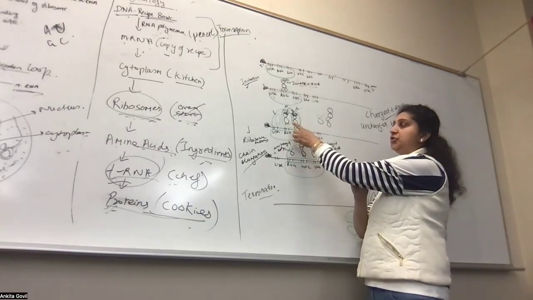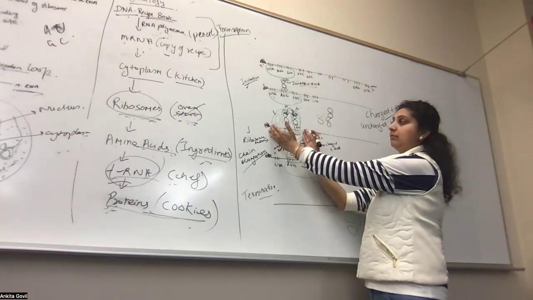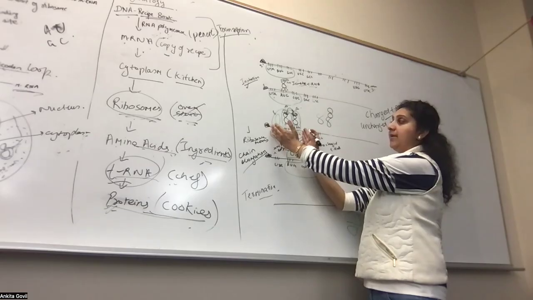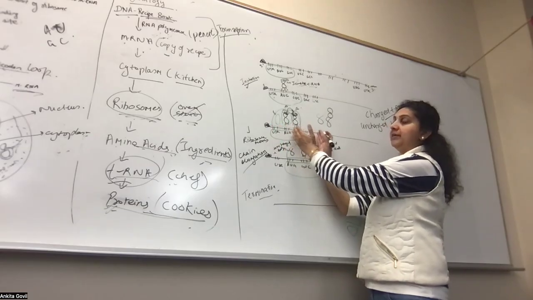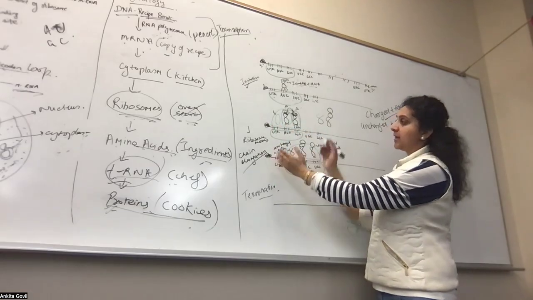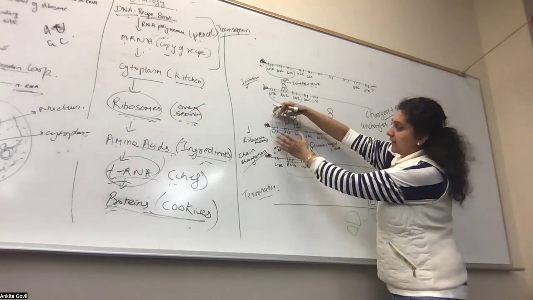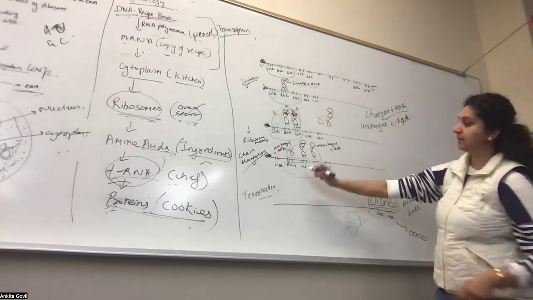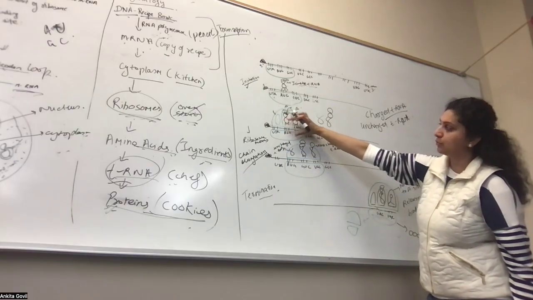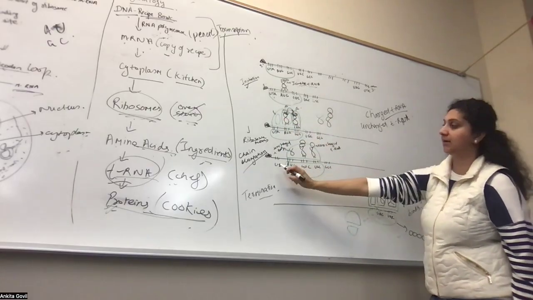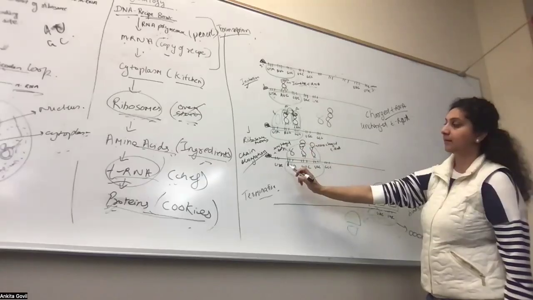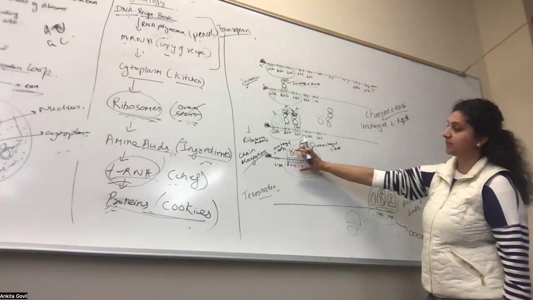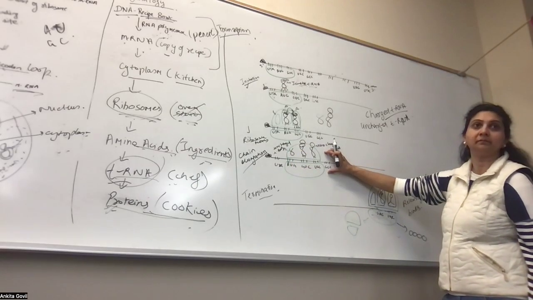Once this becomes uncharged, this whole mRNA will move further. You can see here, the whole unit moves further. So the mRNA moves further, and the whole ribosome shifts. You can see here, from the UTR, the whole ribosome has made a shift.